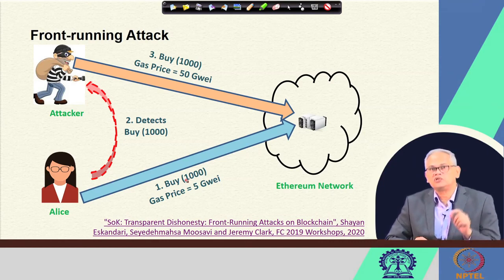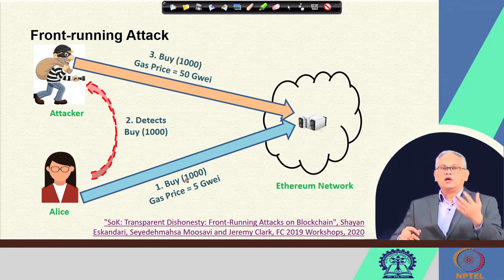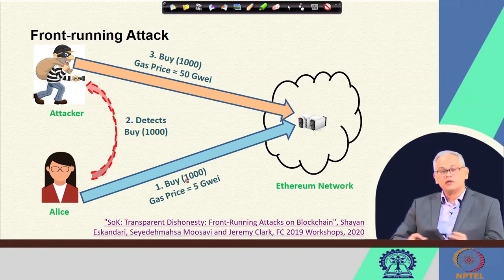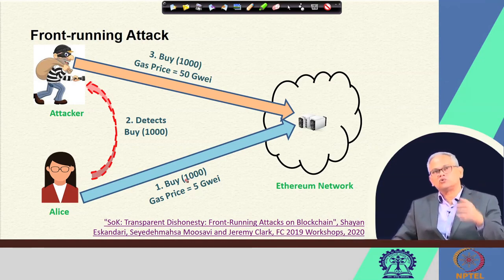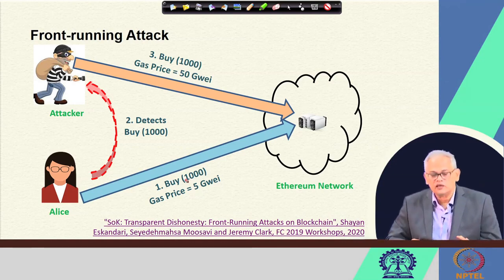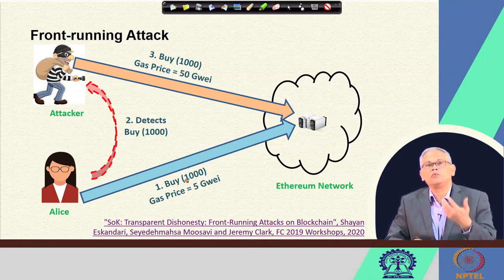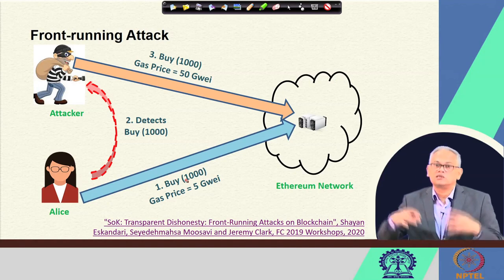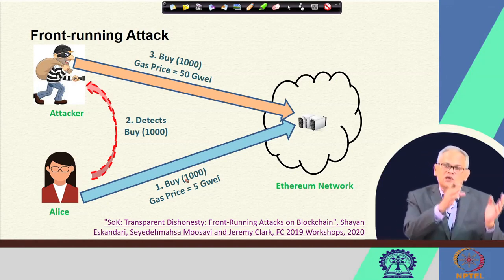Maybe Alice was willing to pay a gas price of 5 joy, but the attacker says, oh, I will pay 50 joy, and because it is willing to pay more as the transaction cost, the miners will be willing to include the attacker's transaction before Alice's transaction.